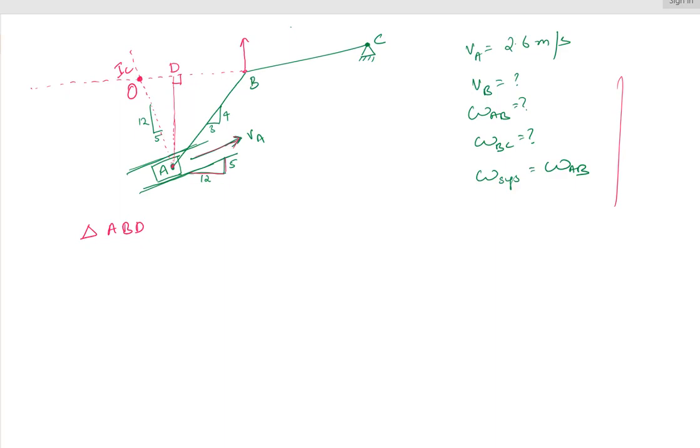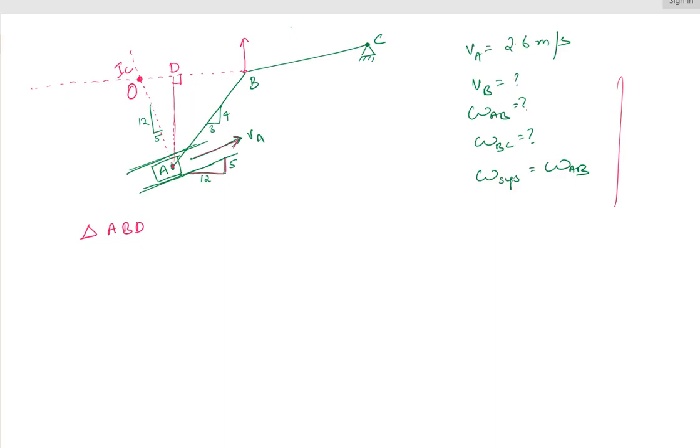And if the tangent of the angle of VA is 5/12, then it is going to be the same angle for this triangle.